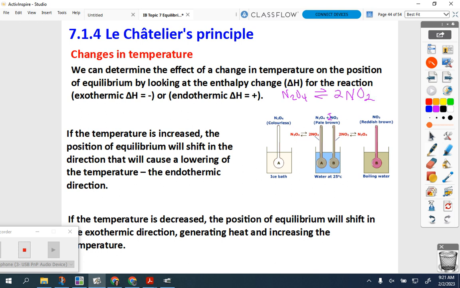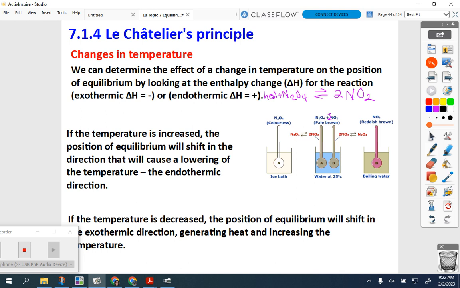NO2. Okay. So if we heat this up, if we add heat, we're driving it towards NO2. So Liat was right. Our heat is on this side of the N2O4, because adding heat is going to drive it in this direction. Reducing heat is going to drive it in that direction to generate more heat.